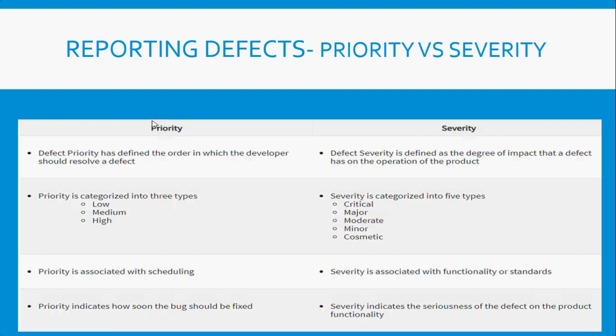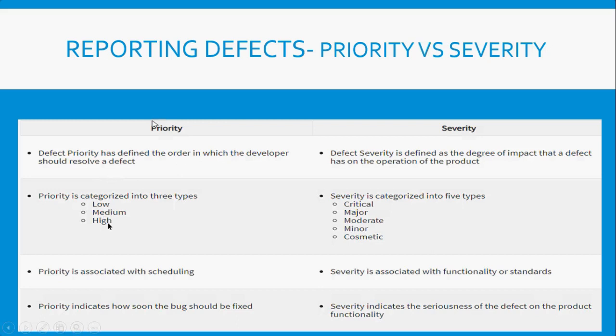So you also need to, depending on what has been set by the business or the project team in which you work. Some project teams allow testers to give priorities and severities and all that. So basically, a defect priority is defined in the order in which the developer should resolve a defect.